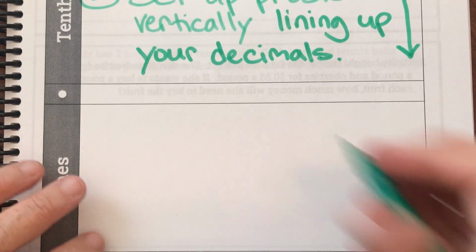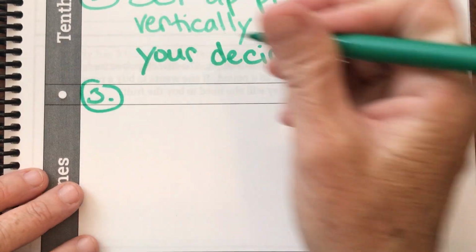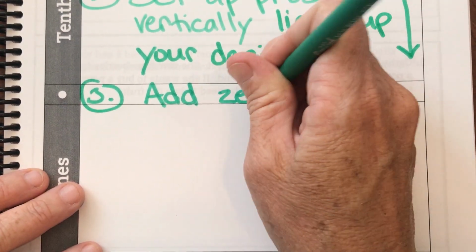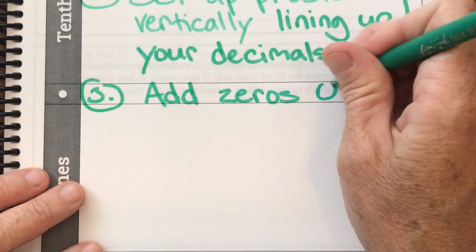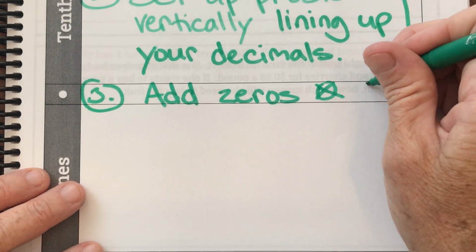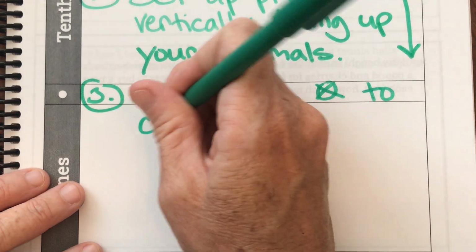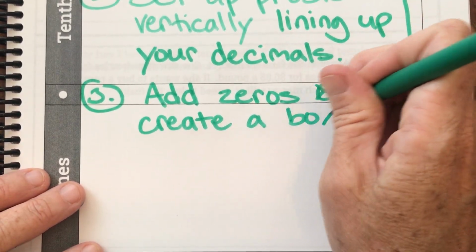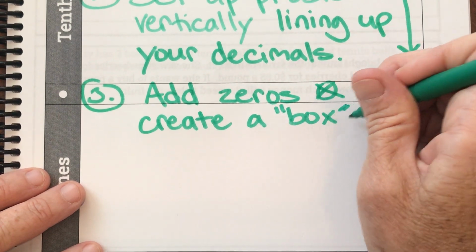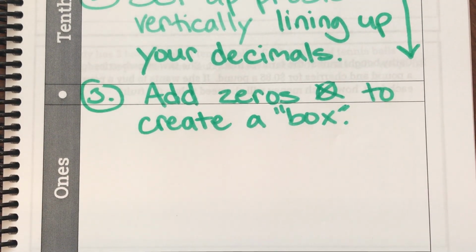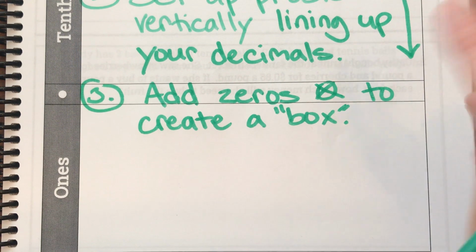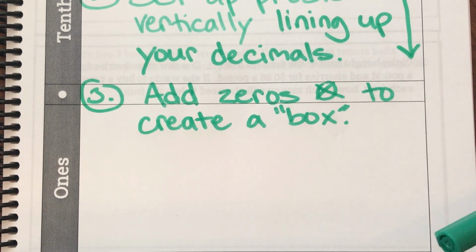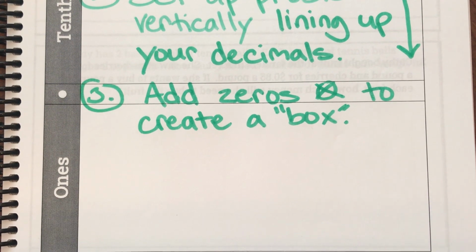Our next step is we're going to add zeros to create a box. I put box in quotation marks because it's not going to be an actual box. It's just going to be like visually we could see this box. So add zeros to create a box.